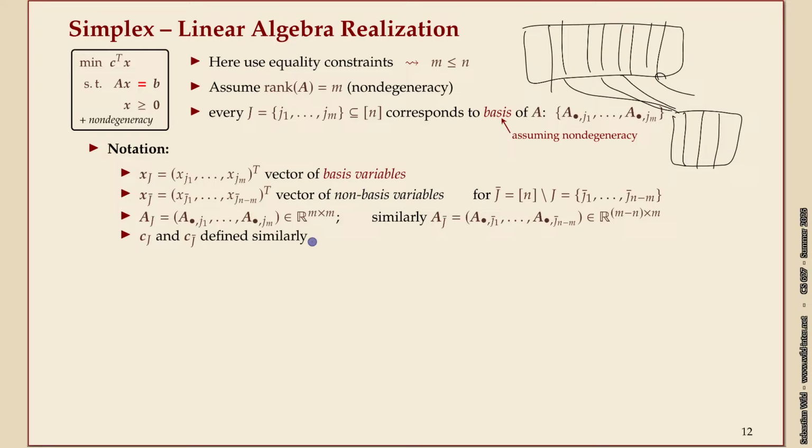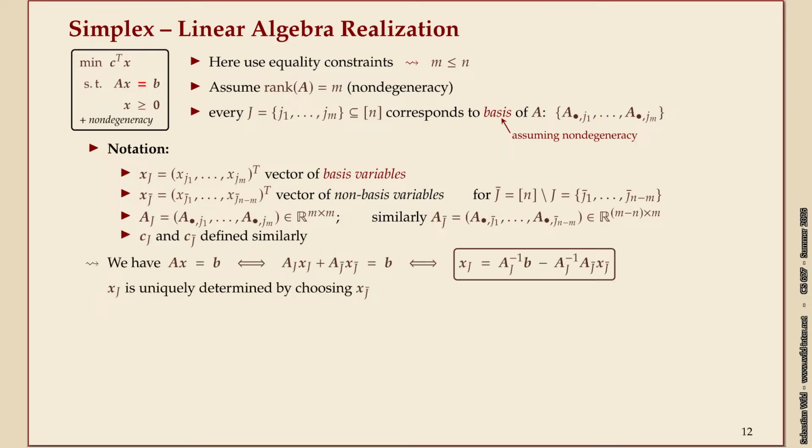And you similarly do that for the objective function coefficients. Then any feasible vector, so any x that satisfies the equality constraints, you can just rewrite, you split up that large sum into the columns that have index in capital J and the others.